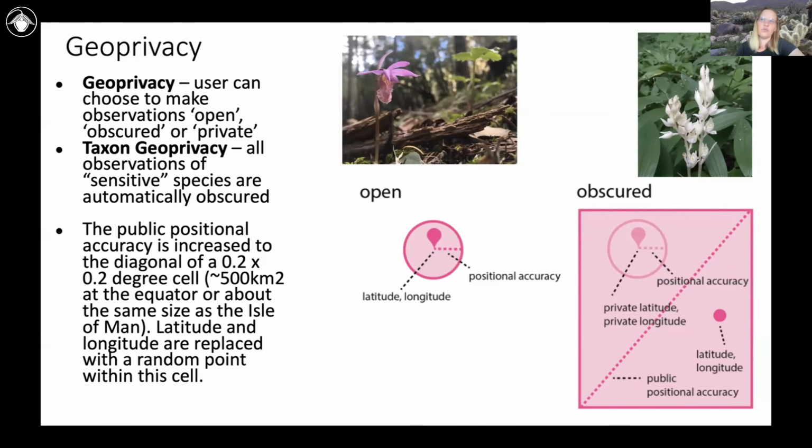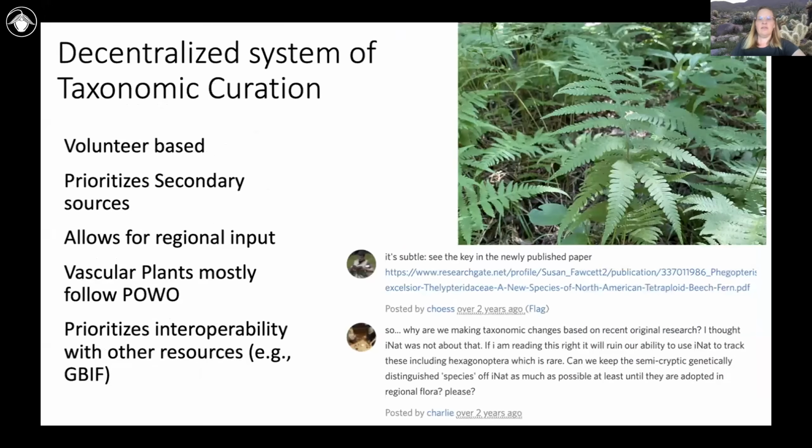And that's one of the cool things about iNaturalist, is that so many people can participate. So again, that's just the latitude and longitude; the obscured point is whatever the point is, it's just going to appear in a random place within that grid cell. So again, talking about the sort of decentralized system.